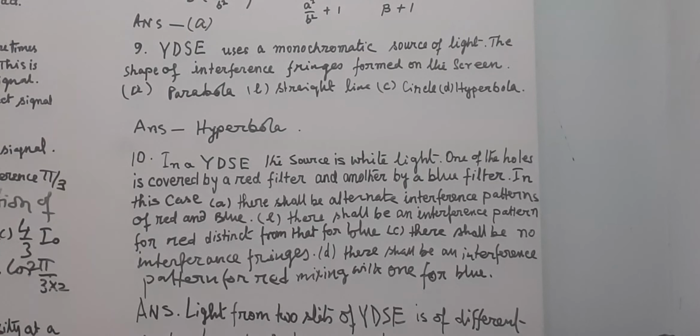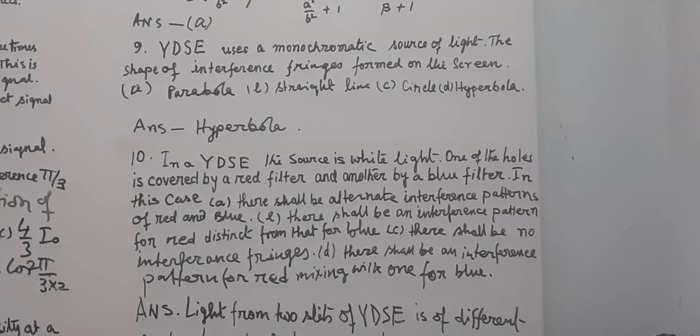The answer will be hyperbola. The derivation for this nature of fringe formed on the screen is not at this 11-12 level, it is given at a higher level, but you can accept this answer.